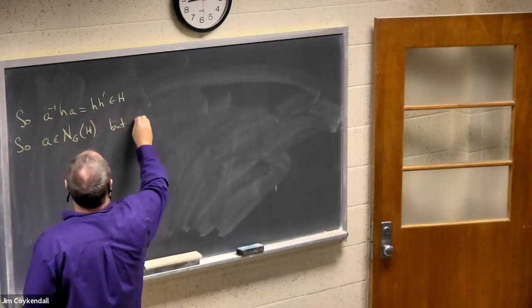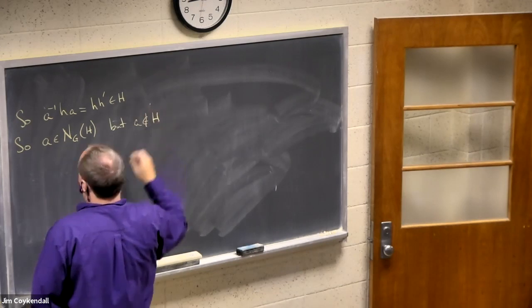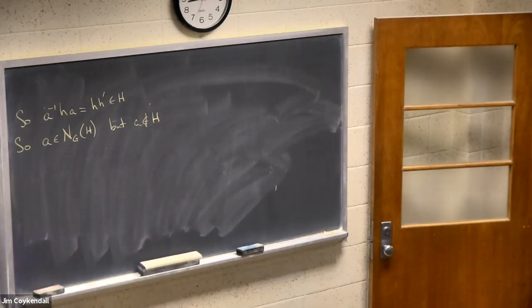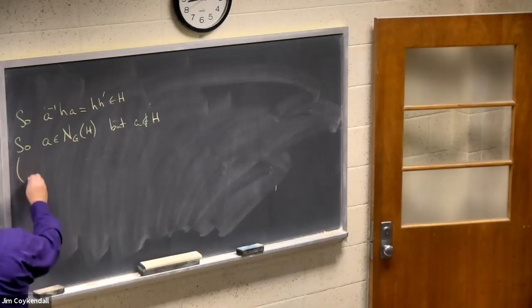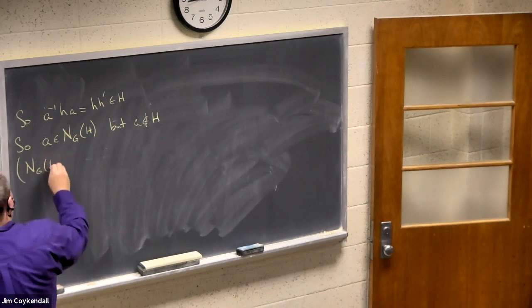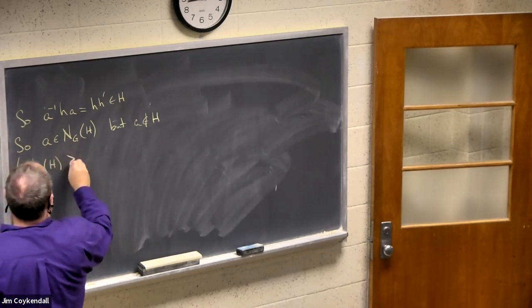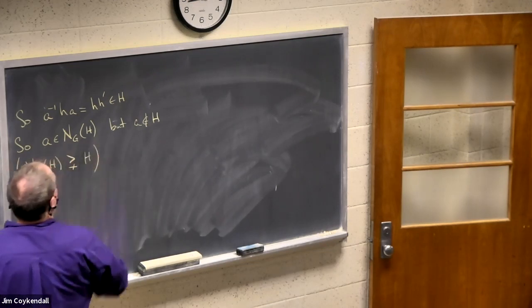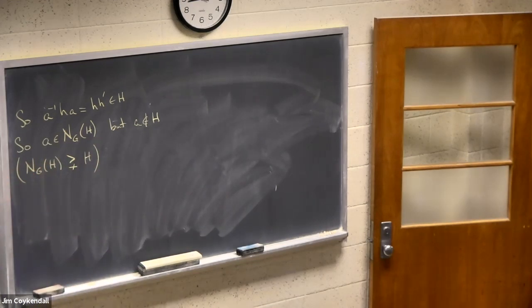But a is not in H by construction. And so this establishes the theorem. In other words, the normalizer of H in G strictly contains H. Okay. Any questions on that?